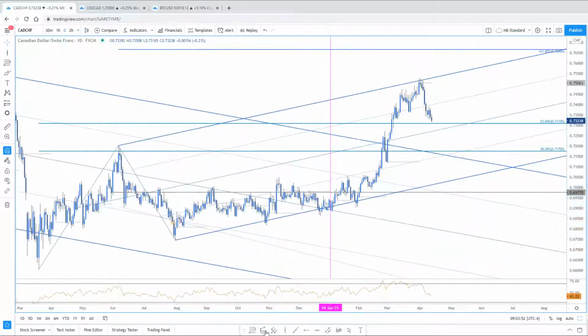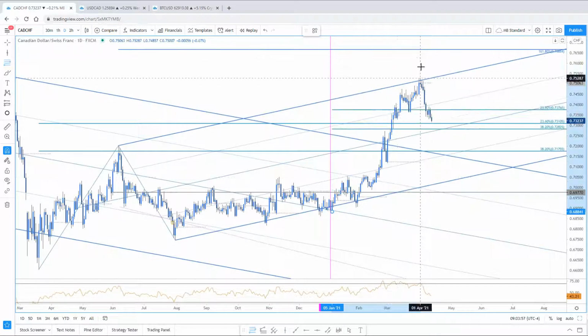So basically, in a time value, it would be this year's actual range. And that gives you a 38.2 just lower.